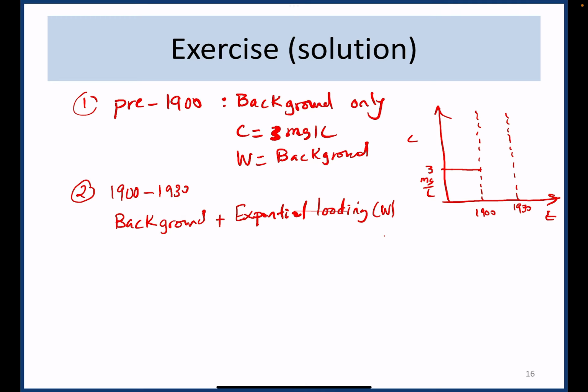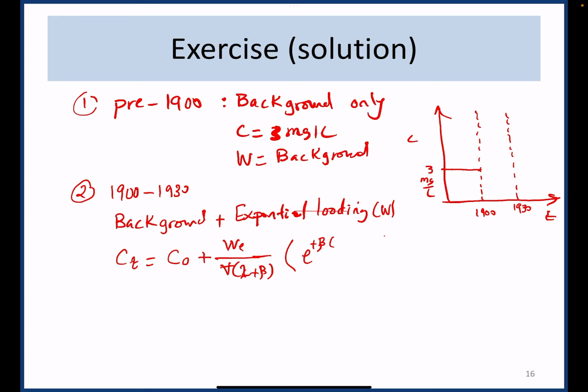Remember the equation for the exponential loading and the background: Ct is equal to the background C naught plus loading exponential over volume lambda plus the slope of the beta of the line times E. And since this exponential loading is increasing loading, so E plus beta.